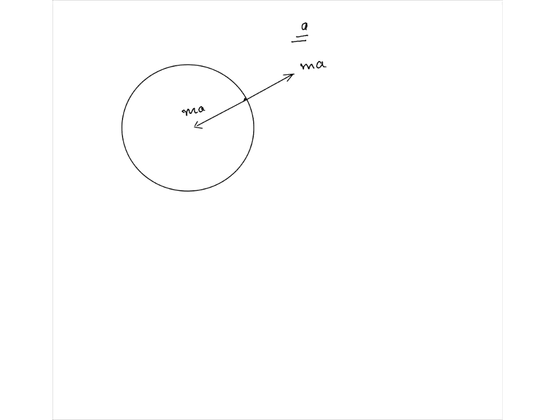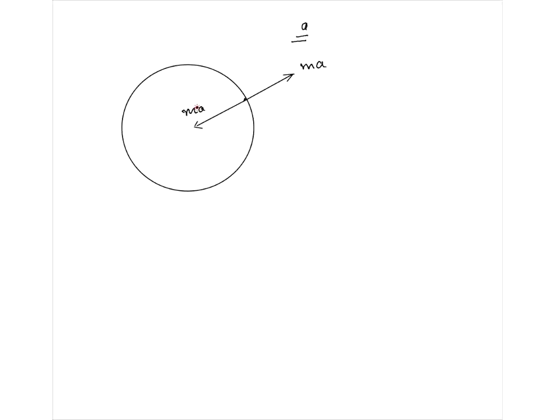So what's wrong in this thinking? MA on the right side is the centrifugal force. MA on the left side is also called centripetal force, by the way. This acceleration A is called centripetal acceleration because it is towards the center, so centripetal.